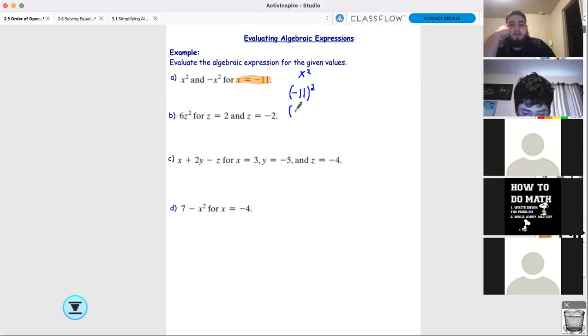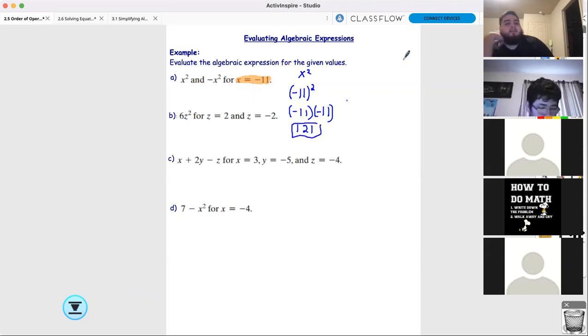That's correct. So we're gonna get -11 times another -11. When we multiply two negatives, they become a what? A positive, right? So we get a positive number. 11 times 11 is 121, and we're done.